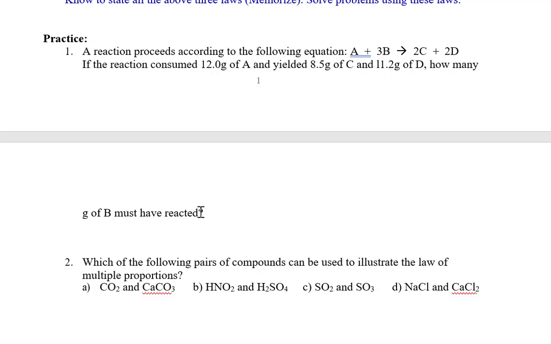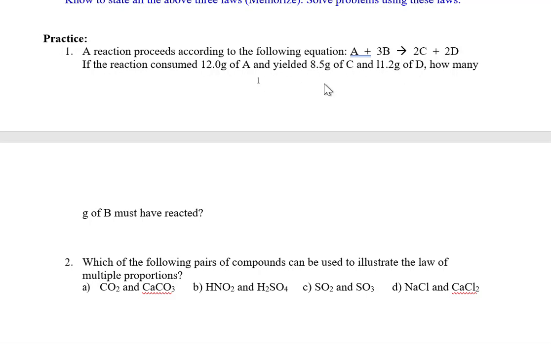And so the way we're going to answer that question is, we know that we have 12 grams of A, and we don't know how many grams of B, but we're going to figure that out. And don't let it trouble you that it says that there are 3 B, because we're just going to be concerned with the number of grams at this point. But they yield 8.5 grams of C and 11.2 grams of D.